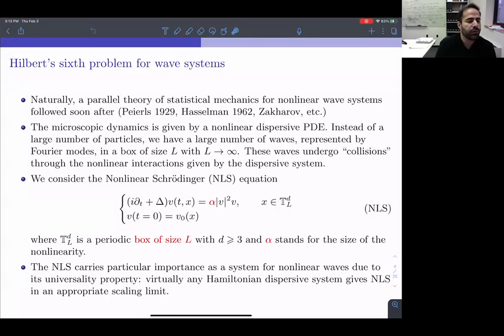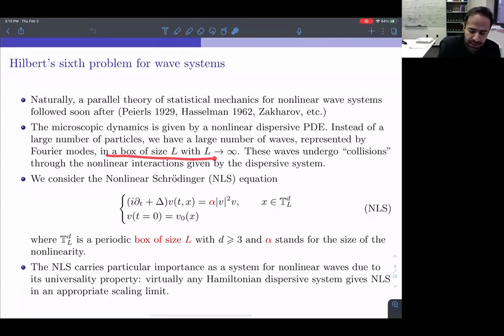This was developed very shortly after by physicists, Peierls in 1929, and then Hasselmann, and later on by Zakharov and his school. So in this setting, the microscopic dynamics are given by a nonlinear dispersive PDE, okay, rather than being of particles. We have a large number of waves here that are interacting with each other. And those waves are represented by the Fourier modes of the solution.